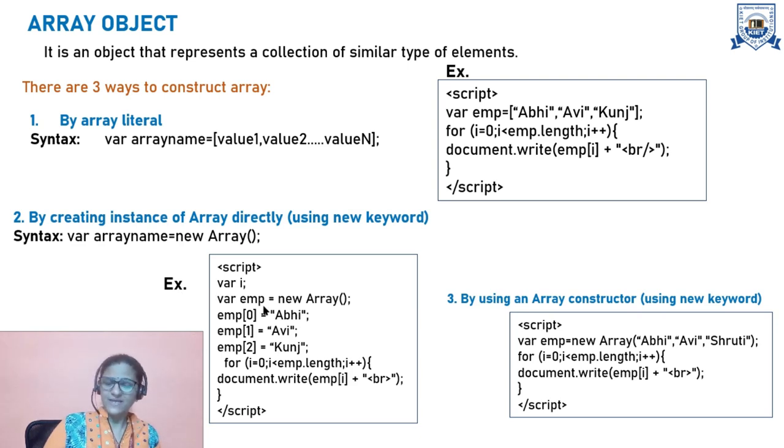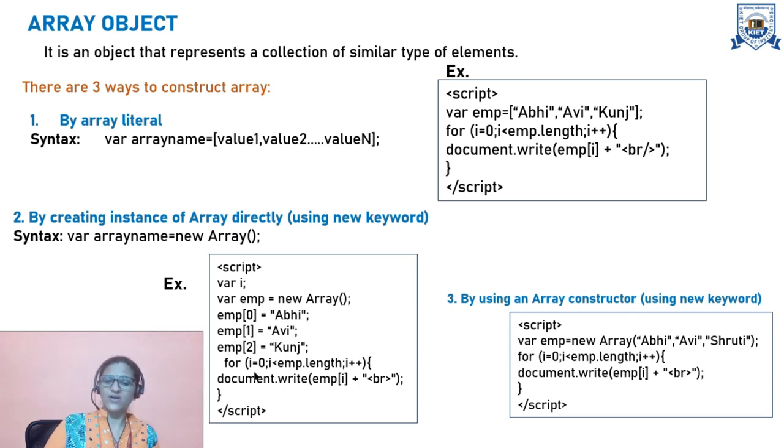Here, emp we are going to make as an object. So we have given it new array, and then at the 0th index of this array emp we have provided the value Abhi, at the first index Abhi, at the second Kunj.